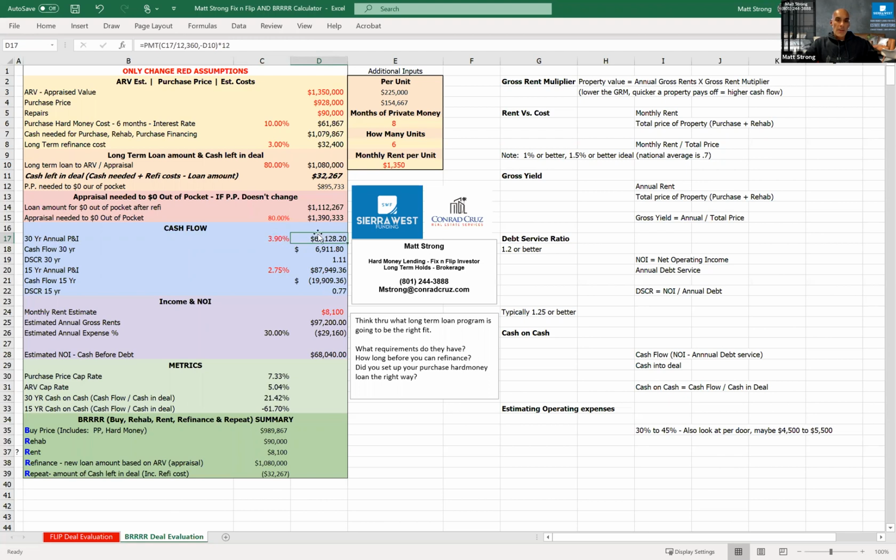Our new debt at 3.9%, 30-year fixed is $61,128 a month. So if we take our NOI minus our debt, this gives us our before debt cash flow. You can see how that works. Okay. So then we go, all right, $6,911, that's going to cash flow.